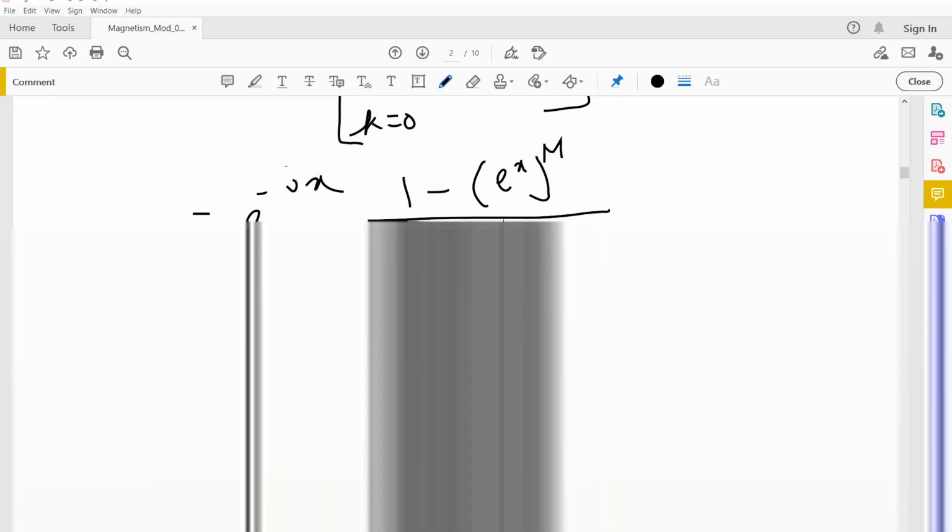And then we have that function, right? The entire function. (2j+1)/2j coth((2j+1)x/2) minus 1/2j coth(x/2).